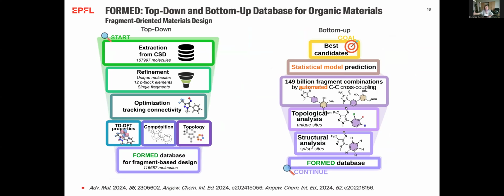Very quickly, we have another existing database called FORM, based on the same philosophy of going top down from the Cambridge Structural Database, and then reshuffling and recombining fragments derived from the top-down process in a combinatorial, bottom-up manner. That database was designed for organic functional materials, like singlet fission or singlet-triplet inversion.